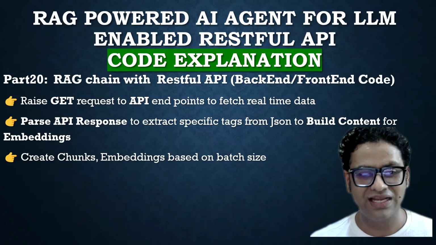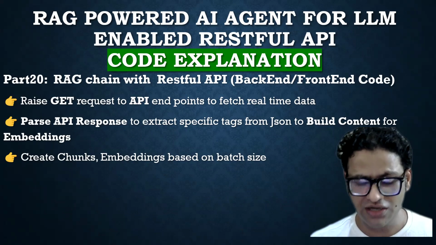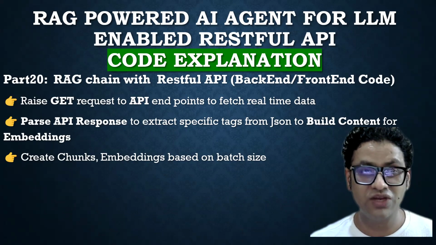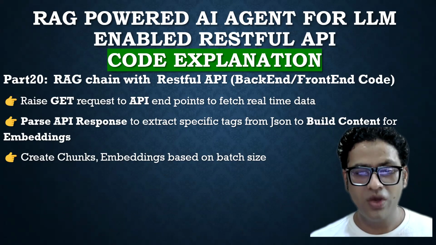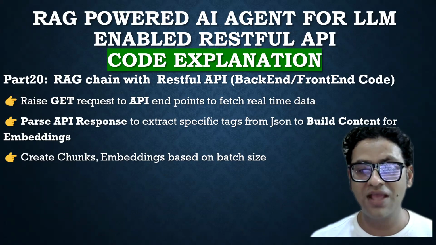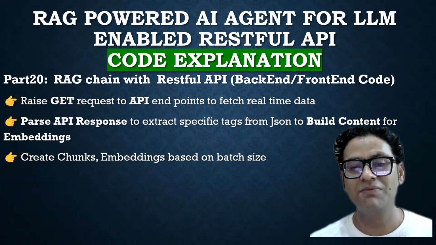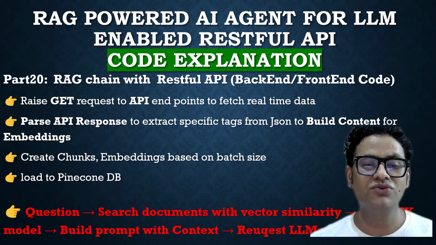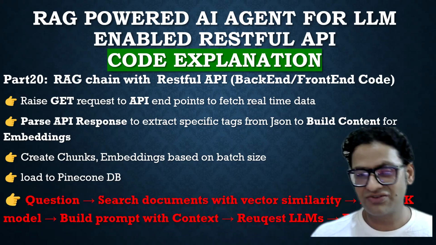Once we have the data, we create chunks, because we have a setting through which we control the chunking size. Once we have the chunks, we use the embedding model to create embeddings. And once embedding is done, we load the data to the vector database. In our case, we are using Pinecone. And the rest of the flow is straightforward.